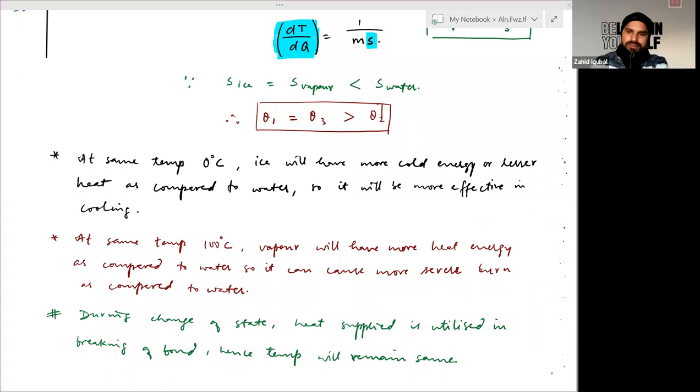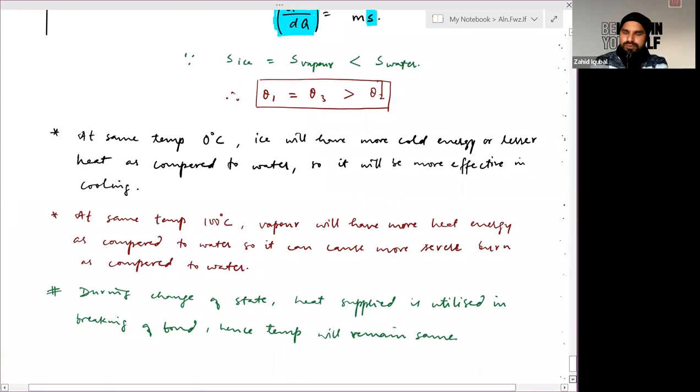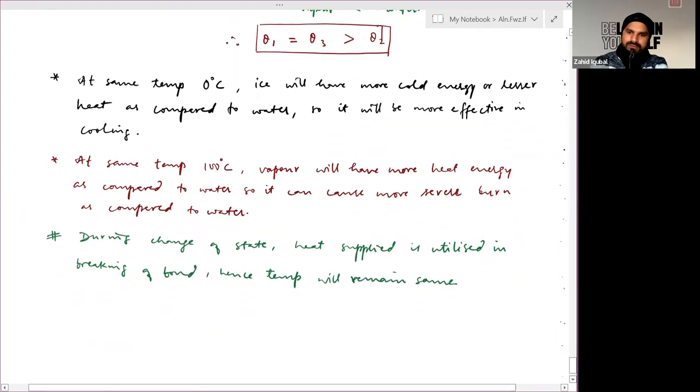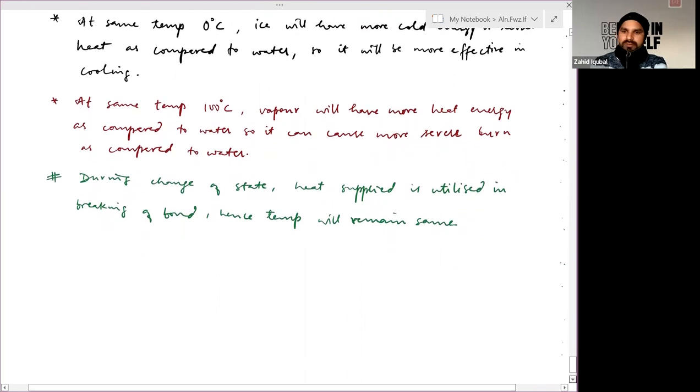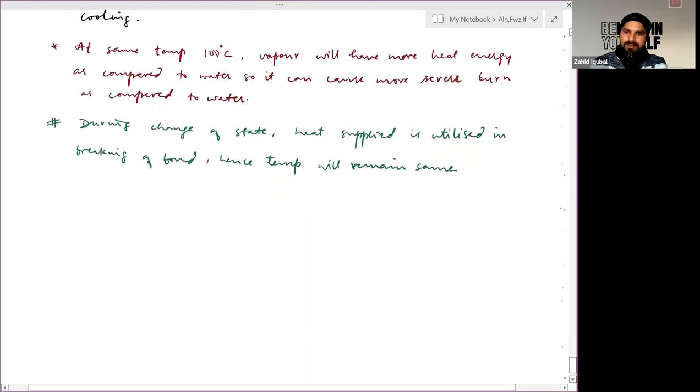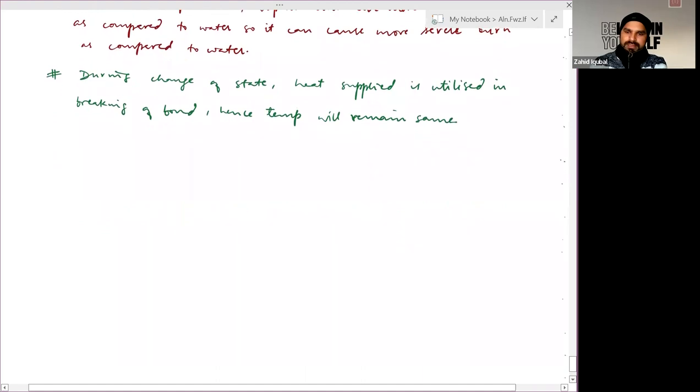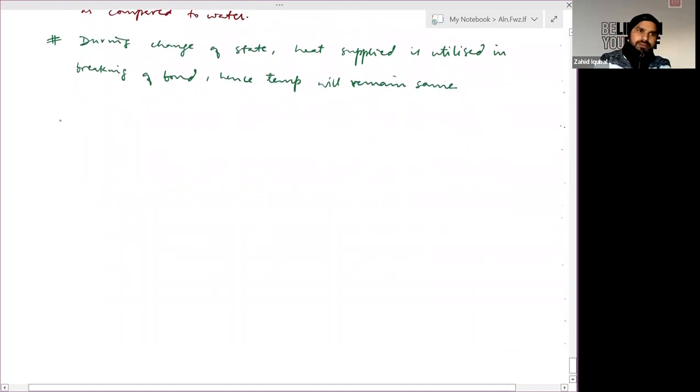Now, related to this concept, how to solve any problem. First, try to draw the conversion graph and then apply these different concepts to solve.